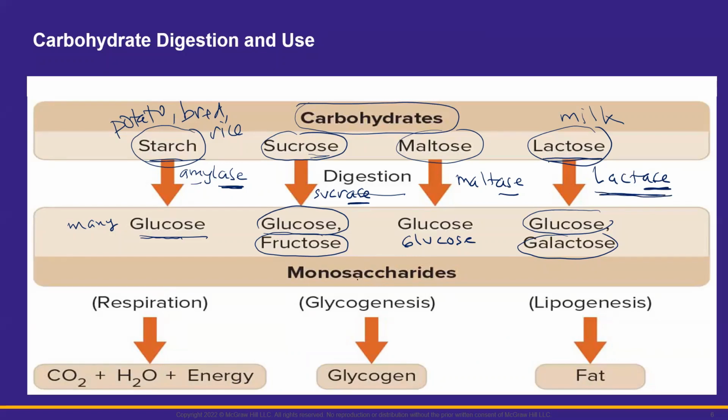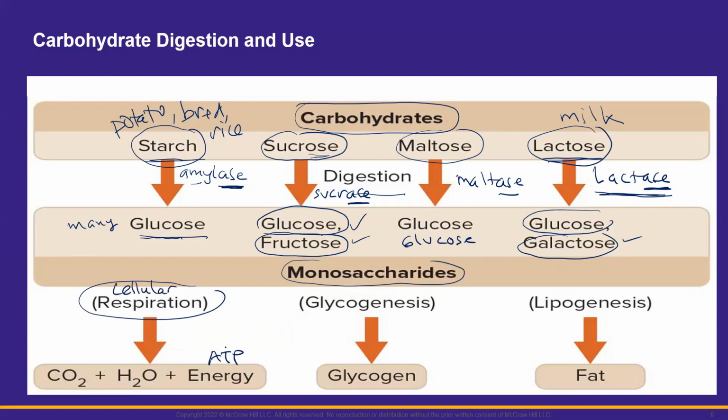So these monosaccharides, whether glucose, fructose, or galactose, will enter our blood system and be carried into the cell. In the cell they will be converted into energy, which is ATP. The process is called cellular respiration.